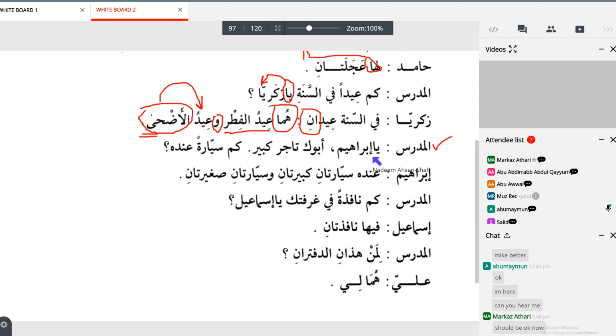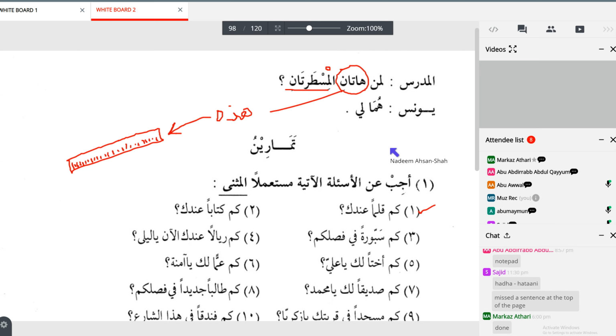The teacher says لمن هاتان المسطرتان. Because it's a harf qamari, you're going to pronounce the lam: لمن هاتان المسطرتان. He says هما لي.